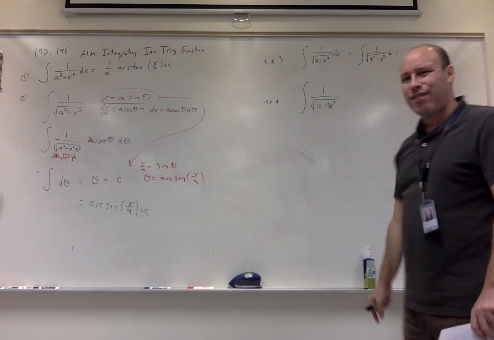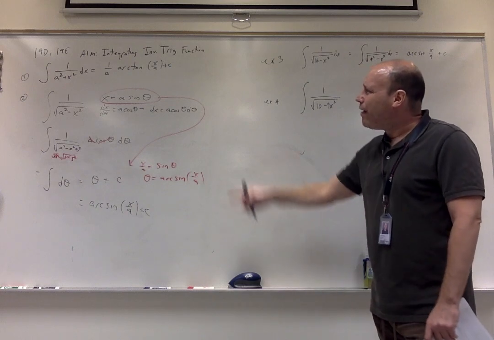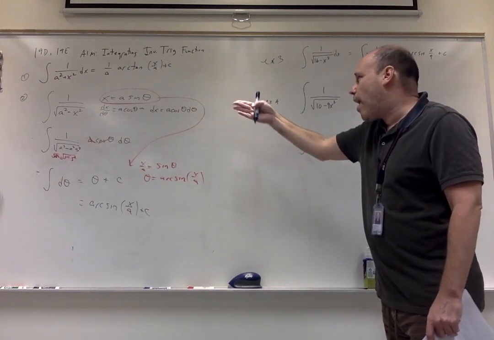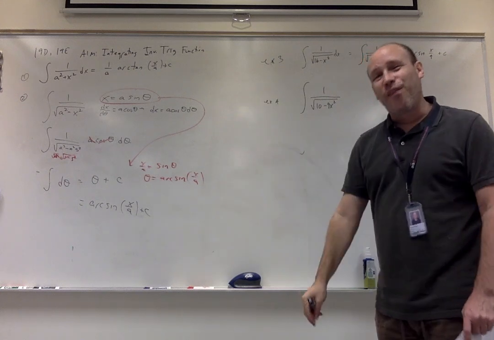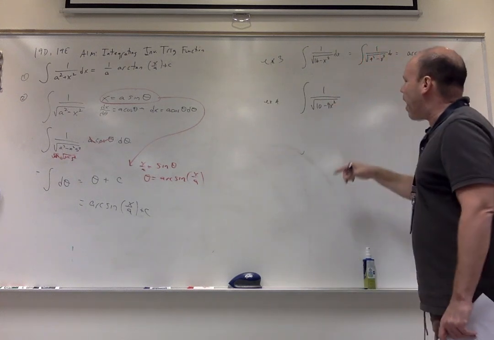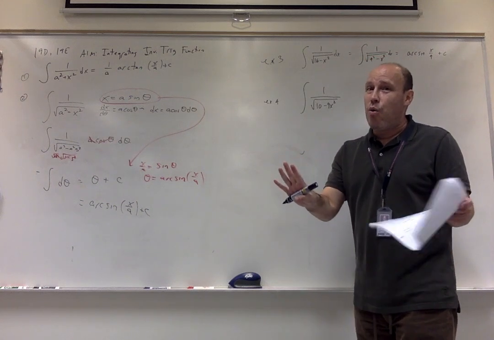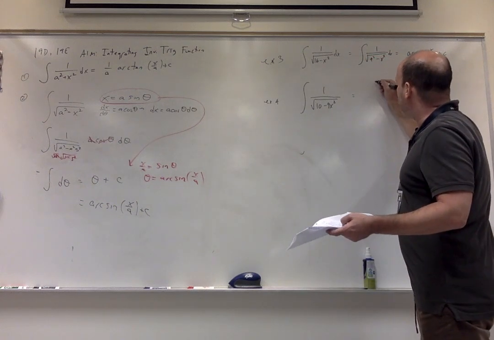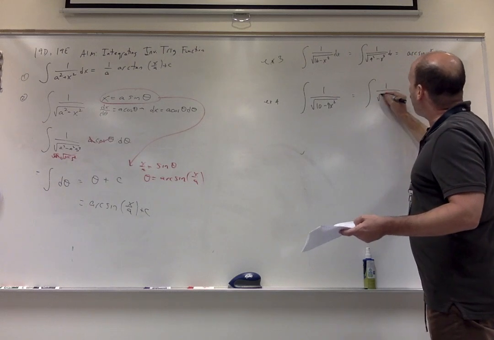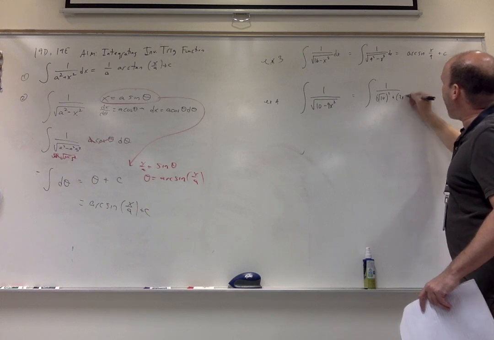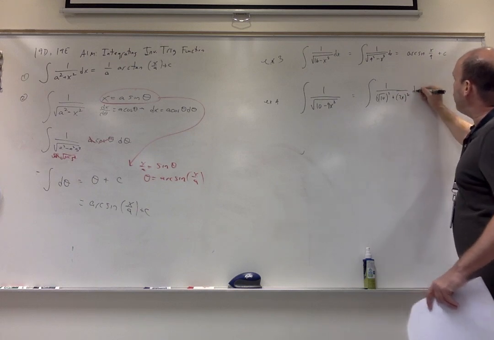So you're looking at this and you're like, well, it kind of looks like my arcsine integral. It looks like that formula in the formula book, but I like 10, I don't love 10. That's okay. Let's still rewrite it as the integral of 1 over radical 10 squared minus 3x squared dx.